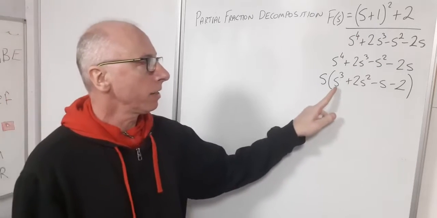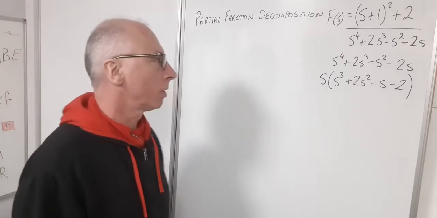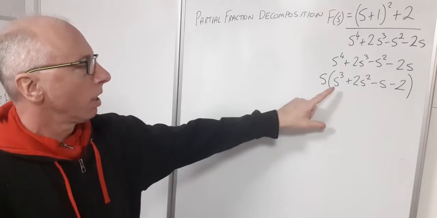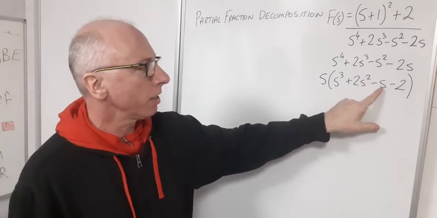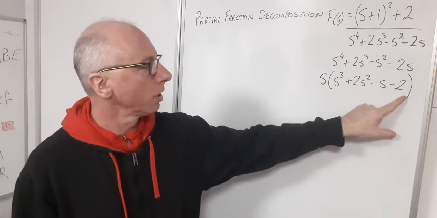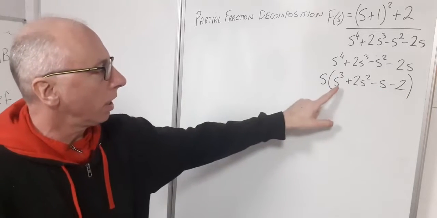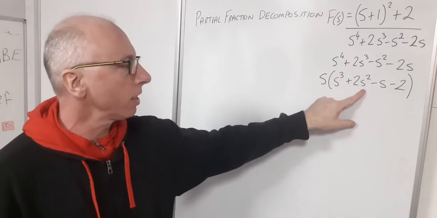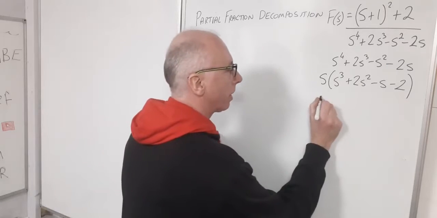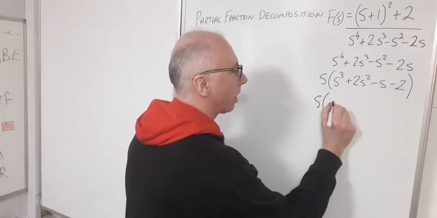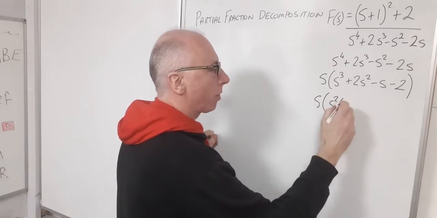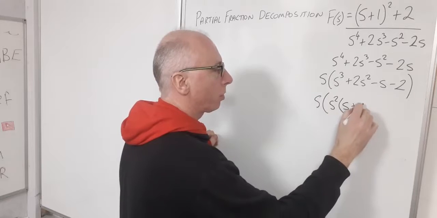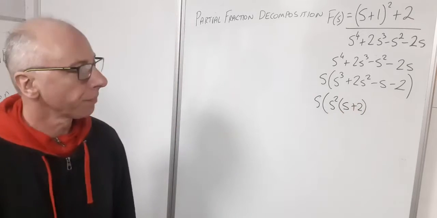So now we've got s times a cubic polynomial. Now we've got s cubed plus 2s squared, and we've got minus s minus 2. Now I could take an s squared out of these two terms, so let's do that. So s squared goes into both, and then I will have s plus 2 left over.